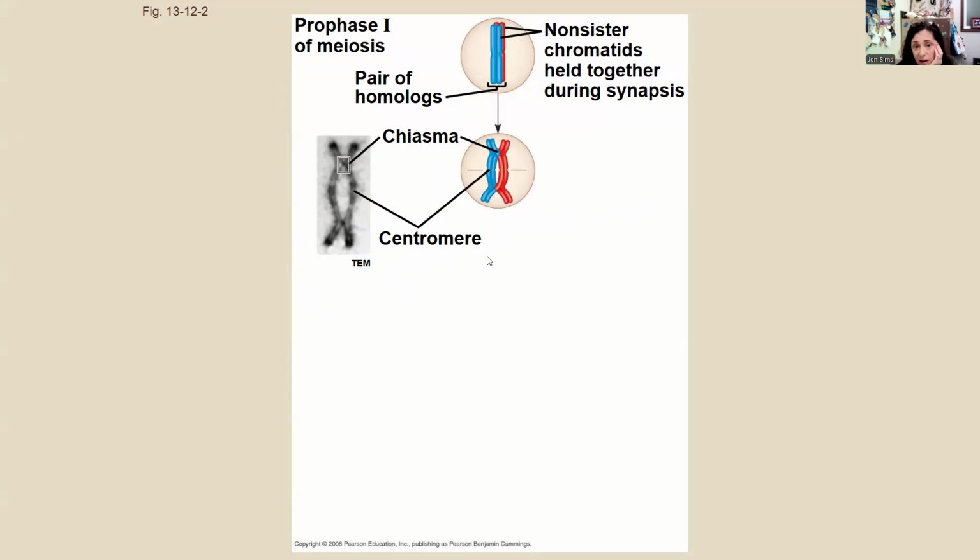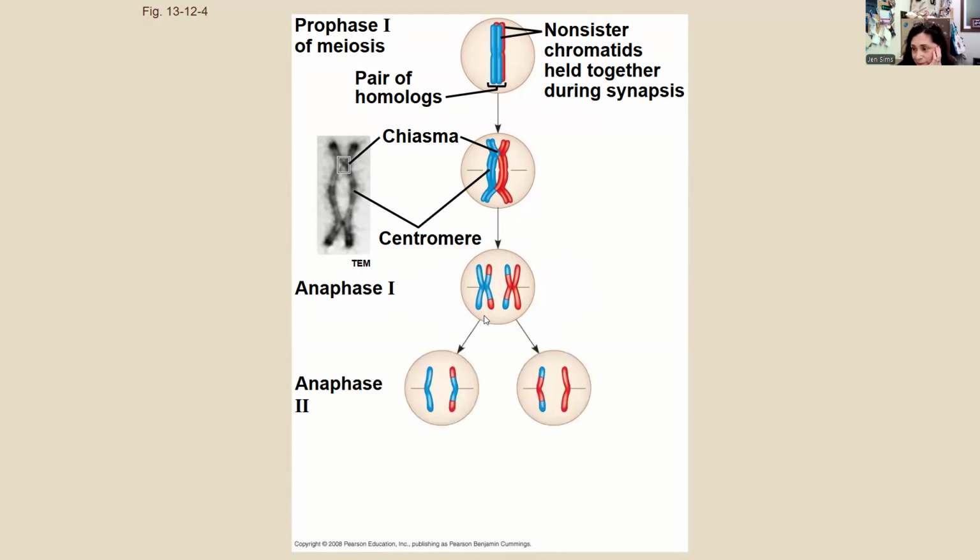It's different every single time. And so they form the chiasmata, and then by the time you get to anaphase 1, you can see the little bits have already been swapped. And remember, homologs separate but not sisters in meiosis 1.